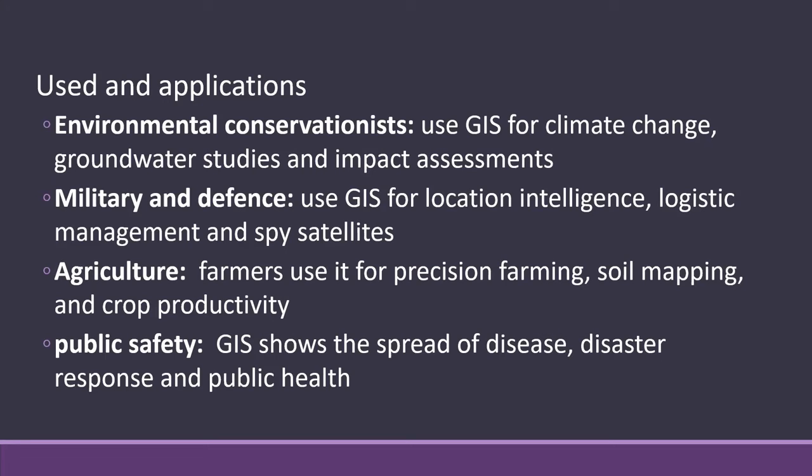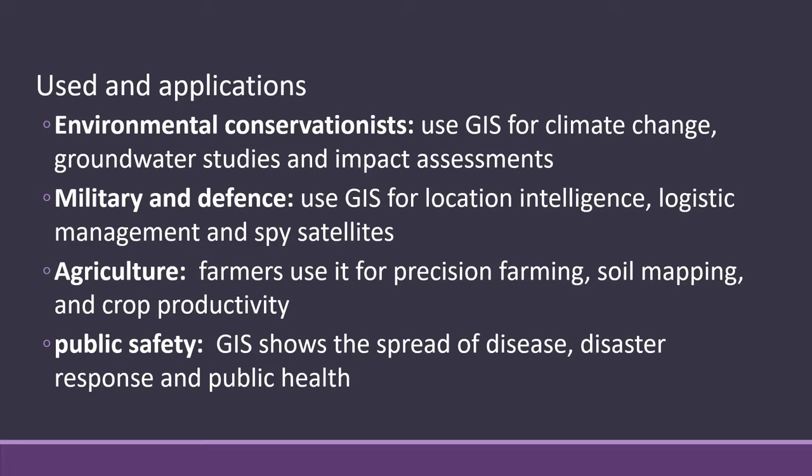Likewise, in the military and defense field, GIS is used for location intelligence, logistics management, and spy satellites. They can be used to find where the spies are, and also what the best route is if they are transporting some kind of military items.